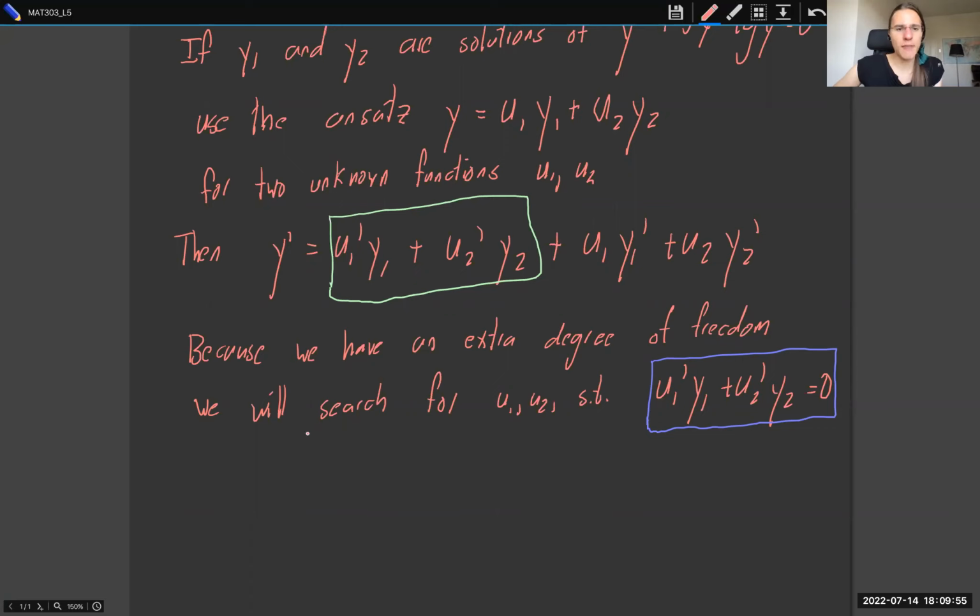Now, if we have that, then we're going to differentiate this again. And now this term is 0, so we're only differentiating this. What we get as a result is u1 y1 prime prime plus u2 y2 prime prime, plus the terms where I differentiate u1.